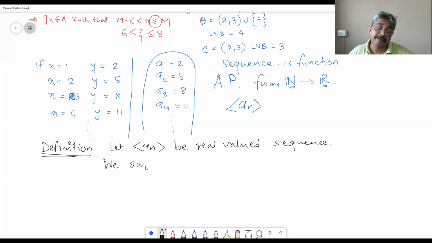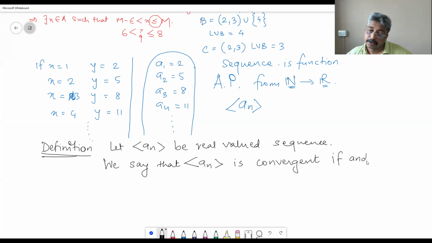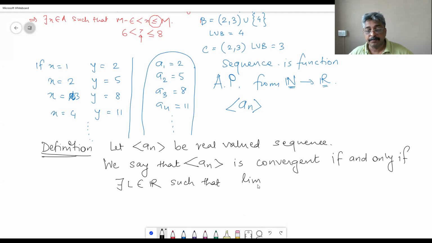We say that an is convergent if and only if there exists L belonging to R such that the limit as n tends to plus infinity of an is equal to L. Now understand this definition well.